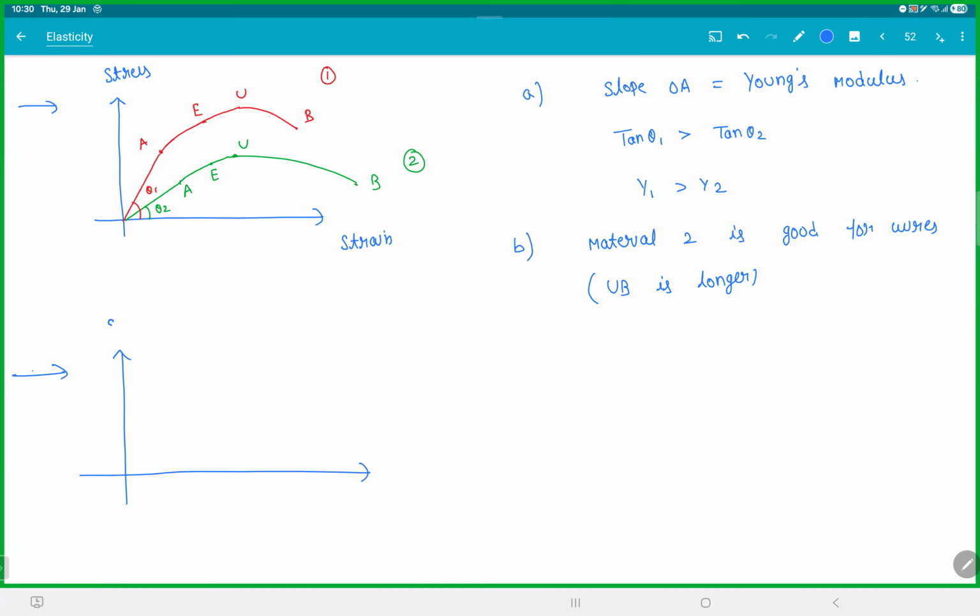They'll give you a hypothetical graph like this, with points O, A, B, and C. And then they'll ask a question like this: in which region does the material behave like a plastic material? Any doubts on anything on this?